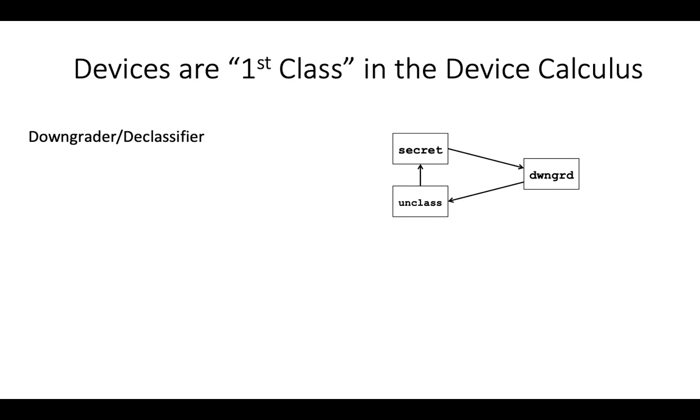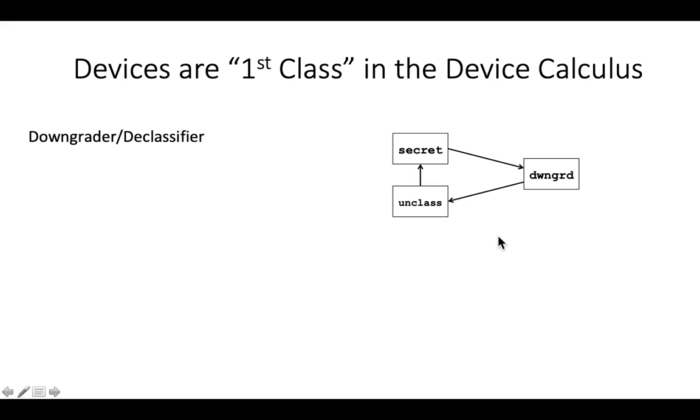So just as another example, we can take a declassifier diagram. This is a diagram that I took out of a famous paper by John Rushby, who's a well-known formal methods and security guy, describing what a downgrader or declassifier is. Basically what it says is, look, you have these, in effect, devices, and the arrows indicate the direction that information can flow. With a downgrader or a declassifier, information is allowed to flow from secret down to unclassified, but it must always go through the downgrader.